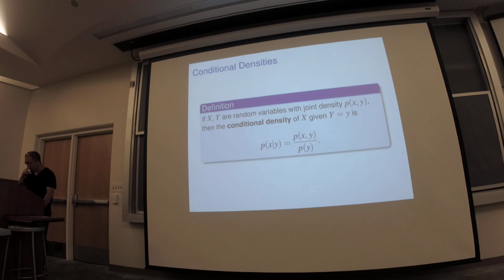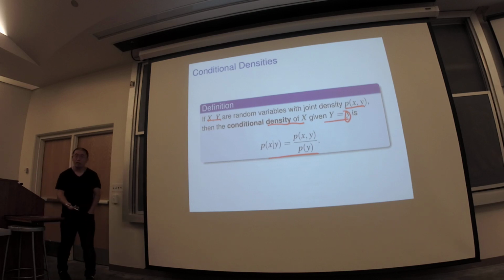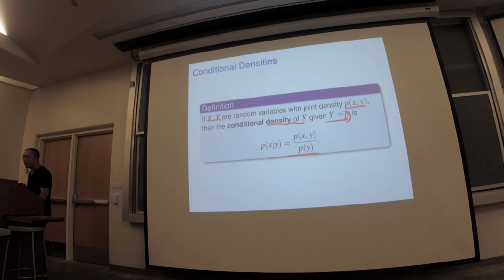So, conditional densities. What are conditional densities? If x and y are random variables with joint density Pxy, then the conditional density of x given y equals some specified y is defined this way. It's very similar to the form of the conditional probability, but here you should be careful.